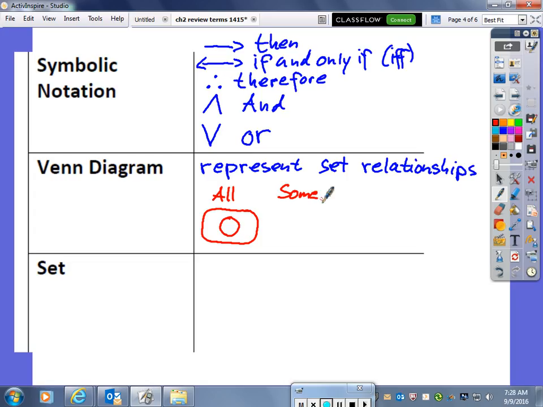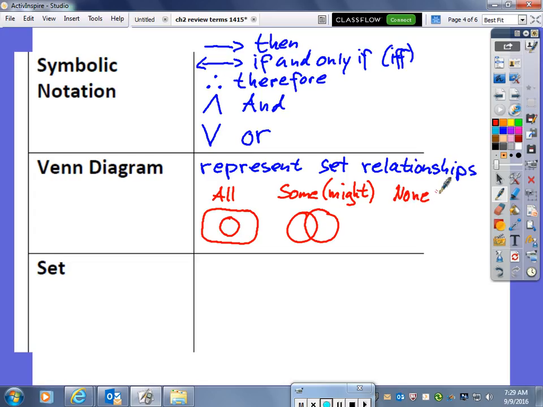The statement some, which might also have the word might in it. Some will be shown as two circles that have part that overlaps. In other words, for example, you could say some people like dogs, some people like cats, and some people like both dogs and cats.